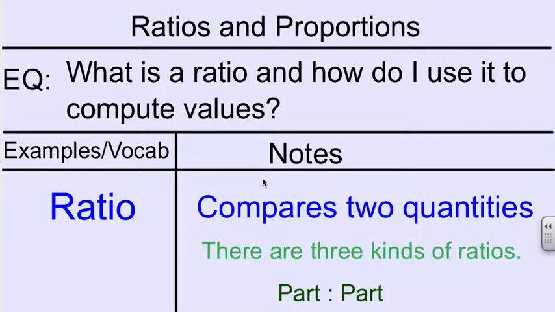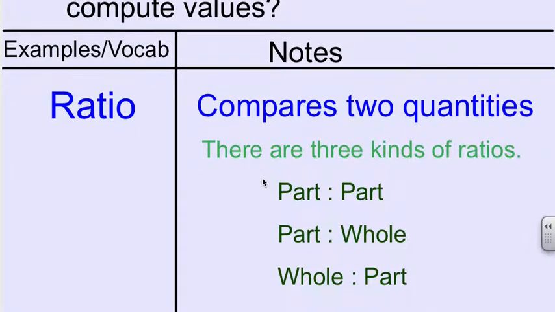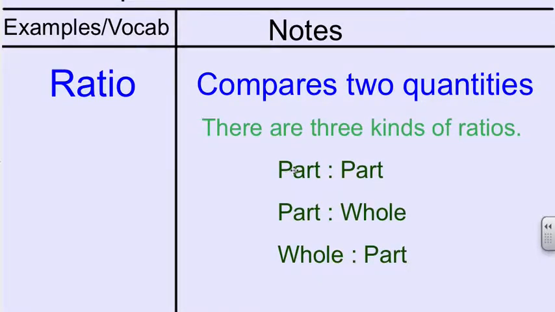There are different ways to represent these comparisons. We are able to represent them as part to part, which is kind of what I described with the fruit and the kids. Boys to girls would be part of the class is boys, part of the class is girls, so part to part. In the fruit example, it was also part to part.